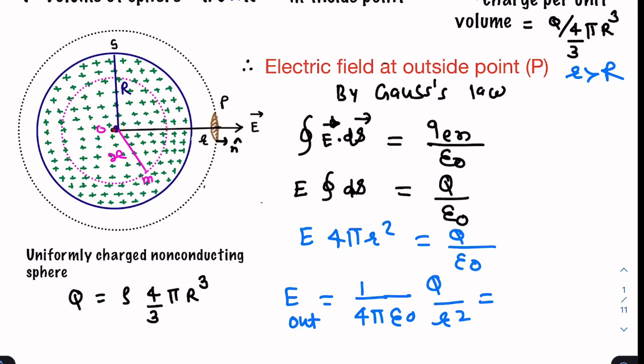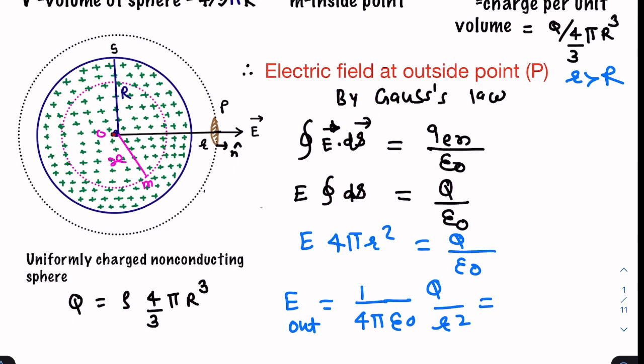In this case also, for an outside point, consider the total charge concentrated at the center and r as the distance. Then the equation is 1 by 4 pi epsilon 0 Q by r square. If we put Q as rho times 4 by 3 pi r cube, then we get rho r cube by 3 epsilon 0 r square.